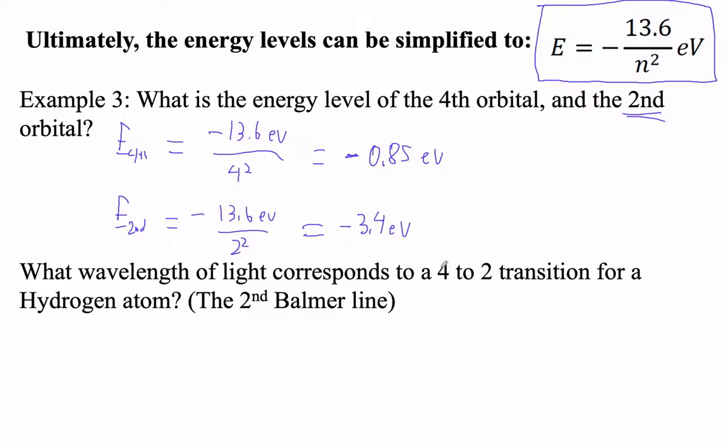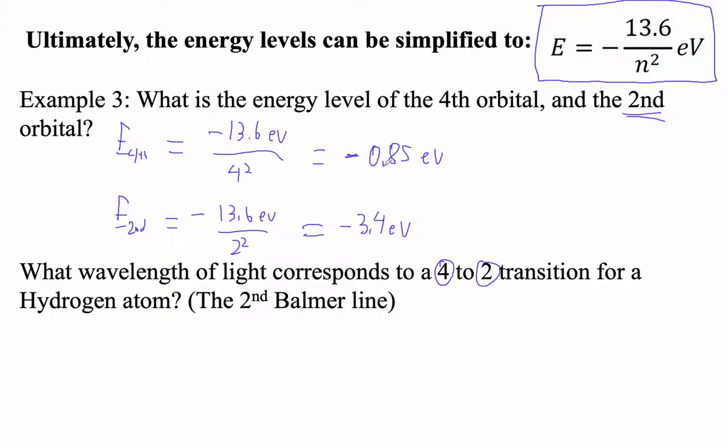Okay. Now, if we're going to go 4 to 2 transition, this is a downward transition, right? So this is an emitted photon. By the way, if the electron makes a transition from a lower orbital to an upper orbit, it's actually absorbing a photon. But this one's giving off a photon, because it's going from a high energy to a low energy, right?